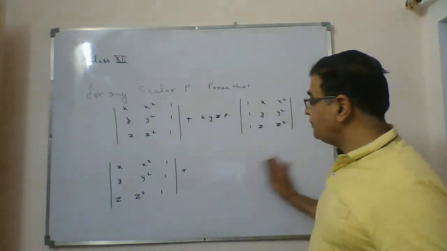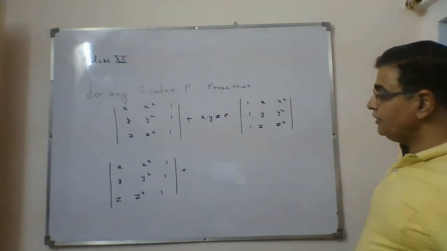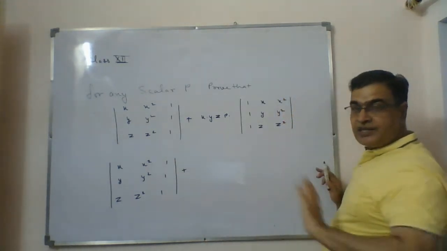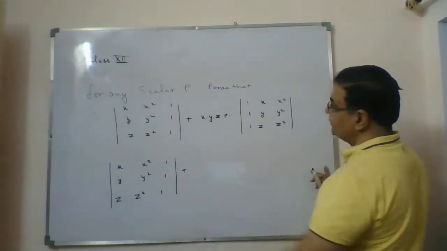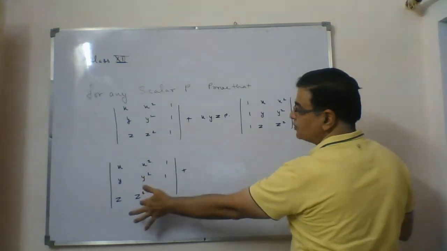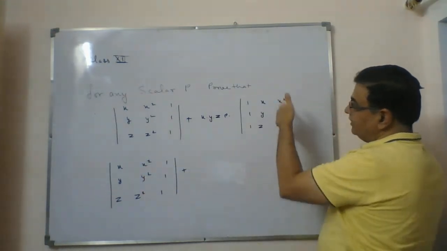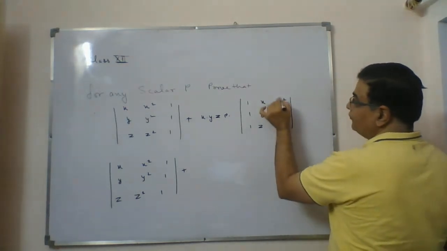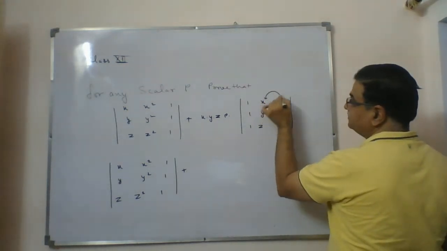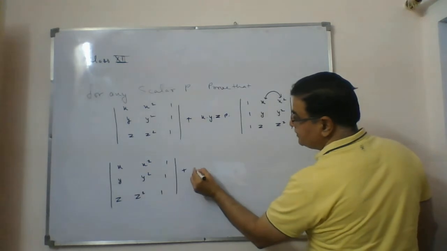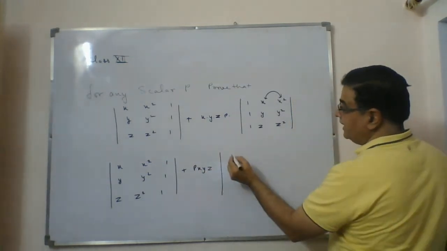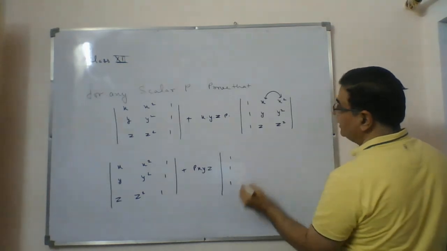After this, the first part still remains the same, and now we will try to create this and this result the same by simply interchanging their places, because x square, y square, z square is visible here. Here it is x square, y square, z square. So what we do here, I first interchange these two. When we interchange these two, it will come pxyz. Then it will come out to be 1, 1, 1.